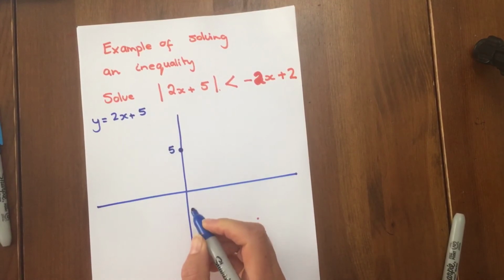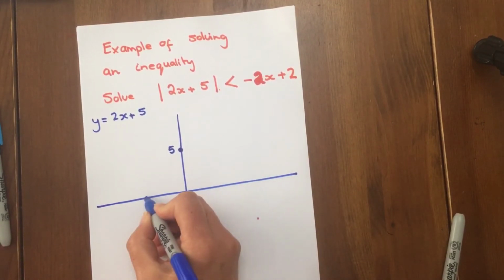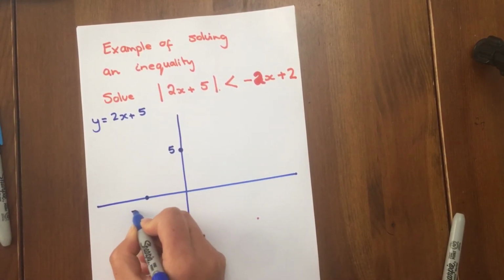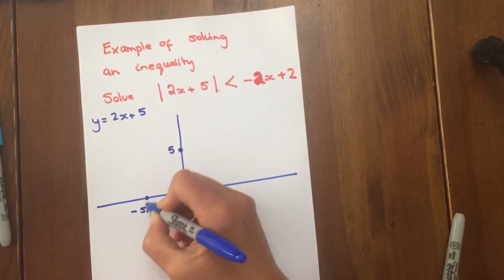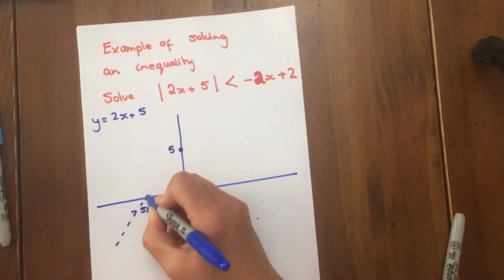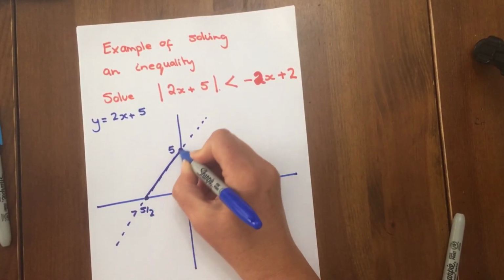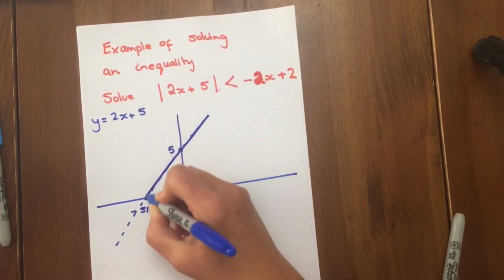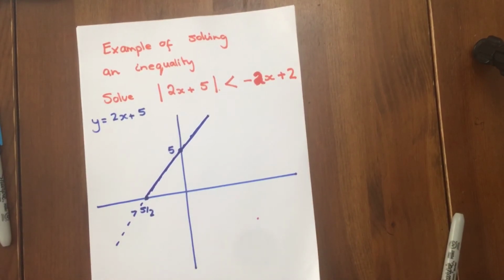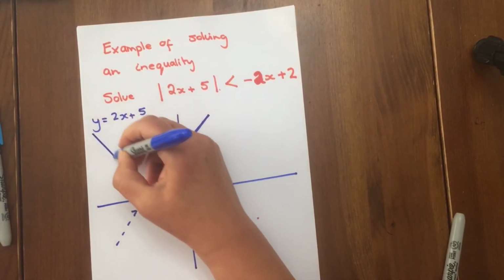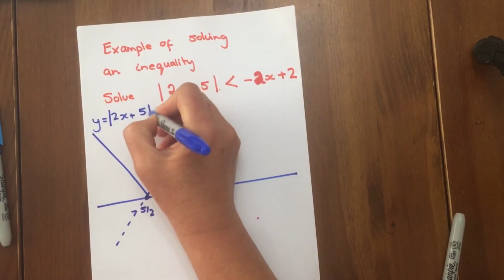And when y is 0, x will equal negative 5 over 2. So let's just dot it to begin with. This part will be positive, that will stay where it is, all my y's are positive, and this part will reflect to get the modulus.